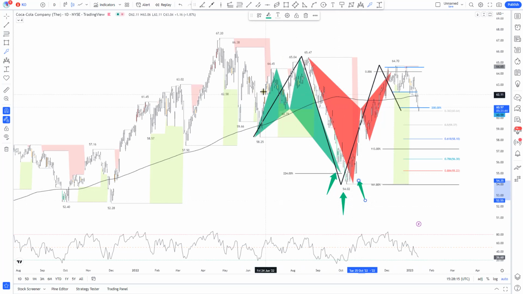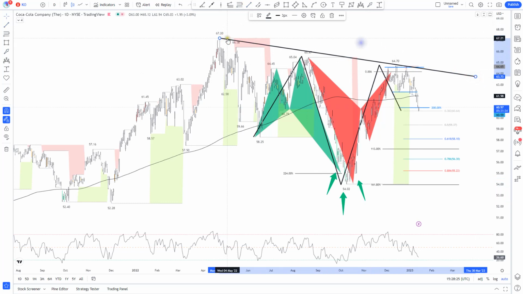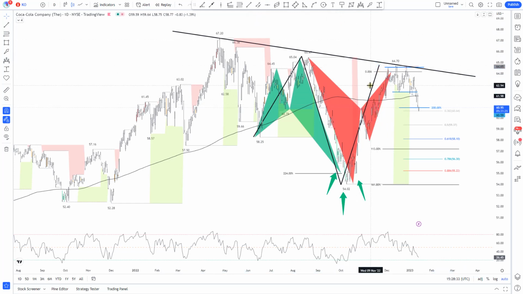We don't expect these patterns to act as trend continuations. But I admit that a clear violation of this trend line resistance will trigger more upside momentum for the stock. And that being said, I admit that a clear violation of 64.70 is a trigger for more upside momentum for the stock.